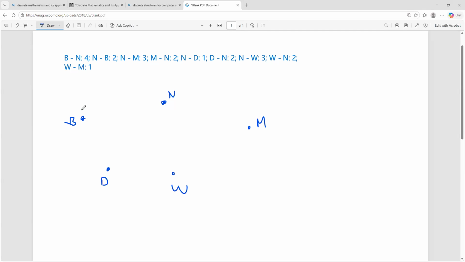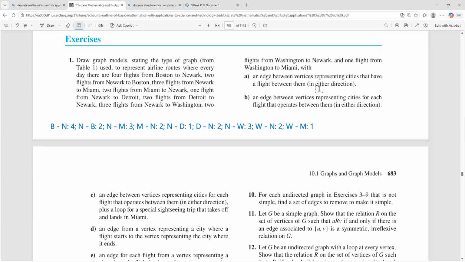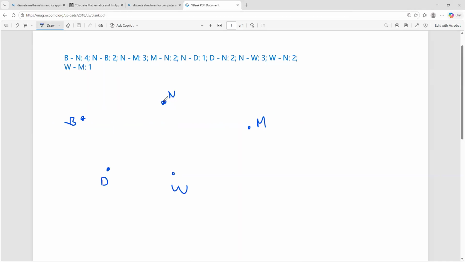Okay. So one's asking for an edge between vertices representing cities that have a flight between them. There's a flight between Newark and Boston. There exists a flight between Newark and Miami.